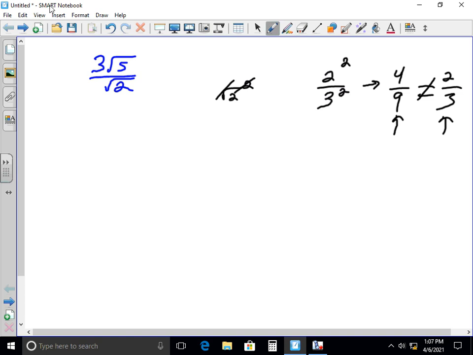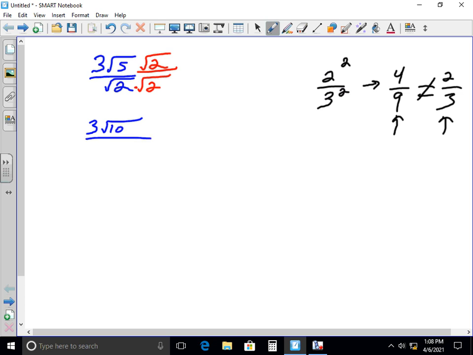So what you probably did if you did radicals in high school is, if I have a square root of 2 on bottom, multiply the top and bottom by that same square root. And that will work. On top, we have a 5 under the square root and a 2 under the square root, so we can multiply those together. 5 times 2 is 10.